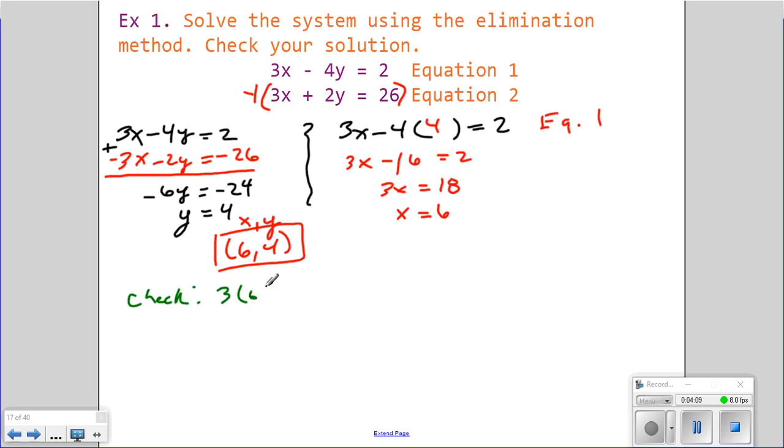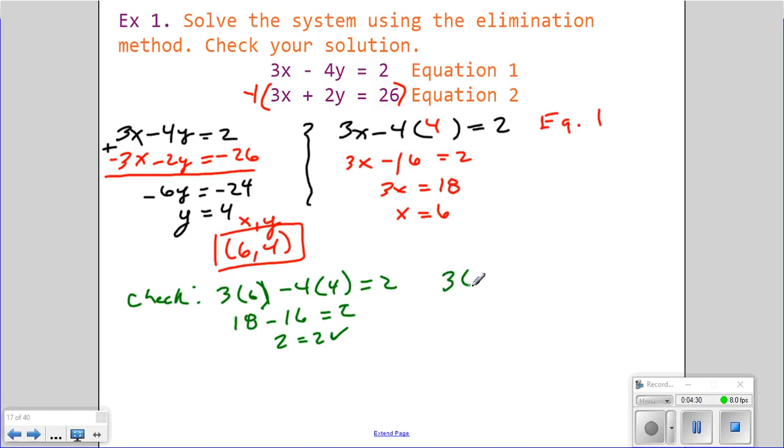So 3 times 6 minus 4 times 4 should equal 2. 3 times 6 is 18. 4 times 4 is 16. And 18 minus 16 is 2. So that is correct.